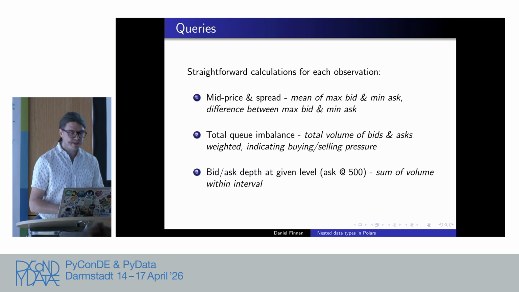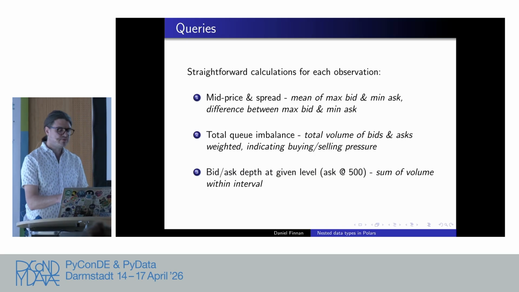So for the queries, I'm looking at, first of all, a very basic query, the mid-price and the spread. These are just acting on the prices and looking at the maximum bid and the minimum ask, and then the difference between the maximum bid and minimum ask. Then the total queue imbalance, so we're looking at the total volume and summing that, and doing a calculation to indicate whether there's buying pressure or selling pressure on one side of the book.